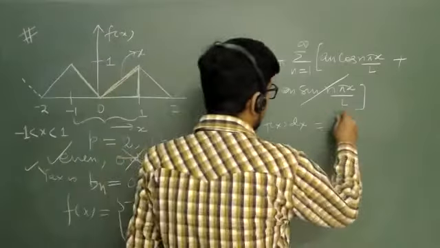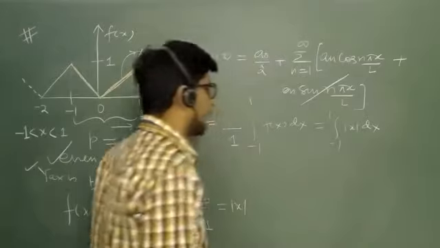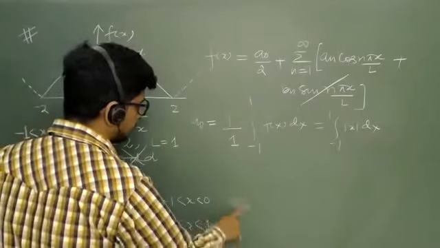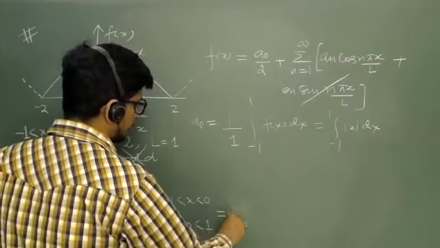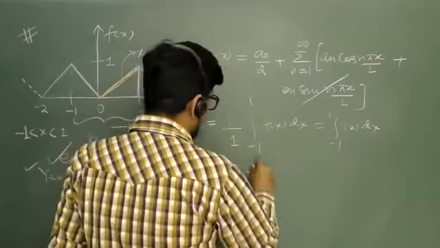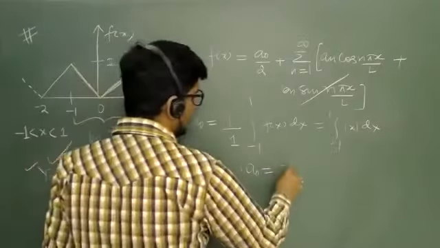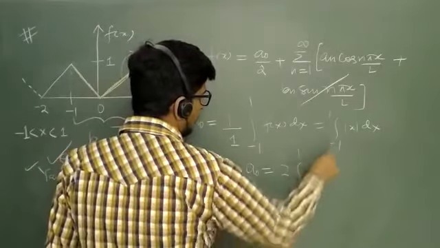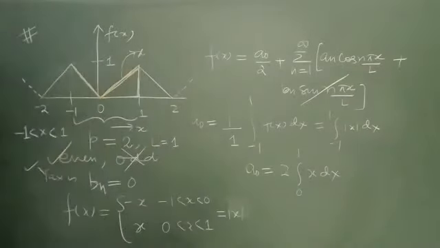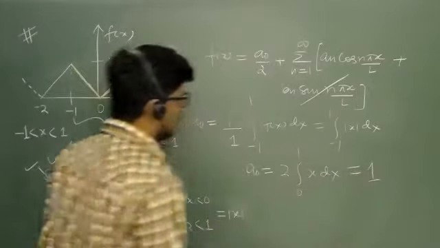So this will be -1 to 1 mod of x dx. Because as a whole, I can write the function as mod of x. Correct? So this will become a naught is equal to, क्या बन जाएगा ये? 2 times 0 to 1, because this is even function. I can write it 2 times this, and this will become x square by 2. So it will become 1. So value of a naught is 1.